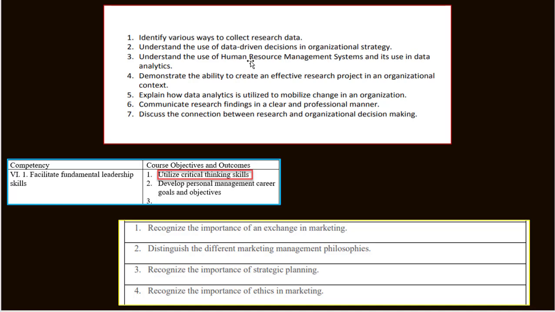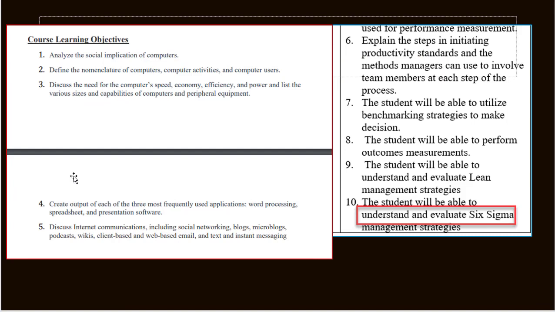How can I objectively measure that? In this example, utilize critical thinking. To do what? How are you measuring in my mind how well I'm critically thinking? Recognize. Even though this is something I cannot measure effectively, we come here to these.